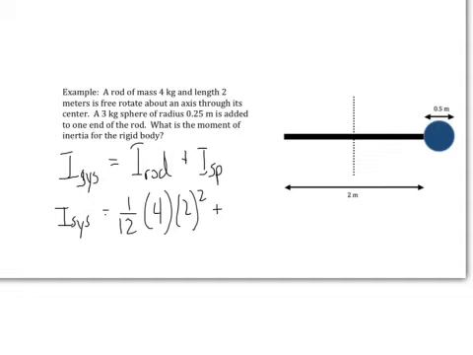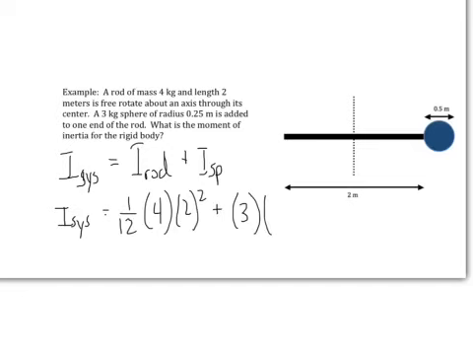If you look back to the notes from yesterday on the first page, that generic equation I equals mr squared is what we're using, since this axis is not through the sphere itself, so it's like a point mass. The mass is 3 kilograms for the sphere times the radius squared.